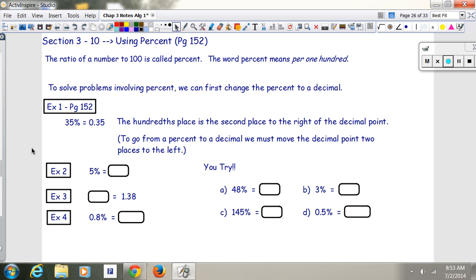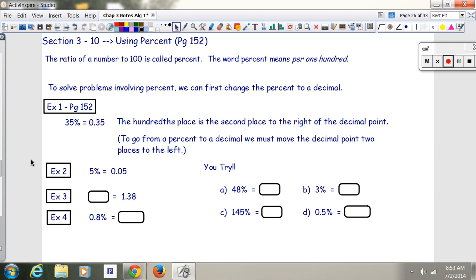35% would be 0.35. You always move it over two places. So it's going to be 2 zeros in 100, so you move it over two places. 5% would be 0.05. You got to move it two places.